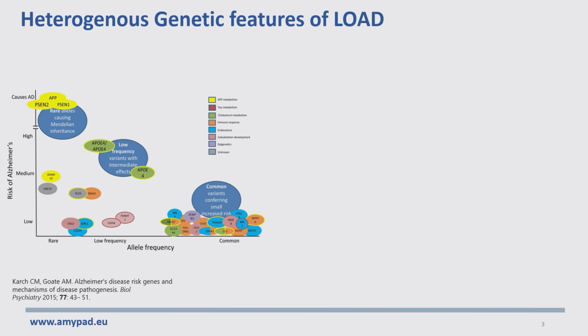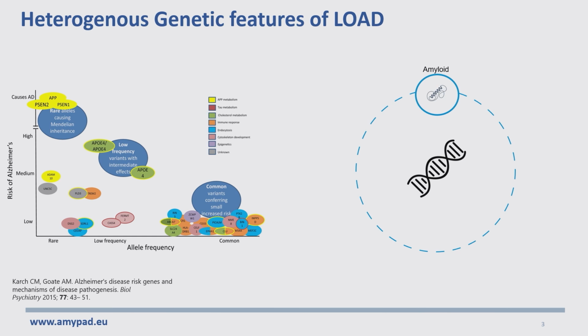We all know about the ApoE4 gene, and having an E4 allele strongly impacts your risk of getting Alzheimer's disease. But recent genome-wide association studies, GWAS, have shown that there might be a lot of different single nucleotide polymorphisms, SNPs, so genetic variants, that seem to increase your risk of getting Alzheimer's disease.